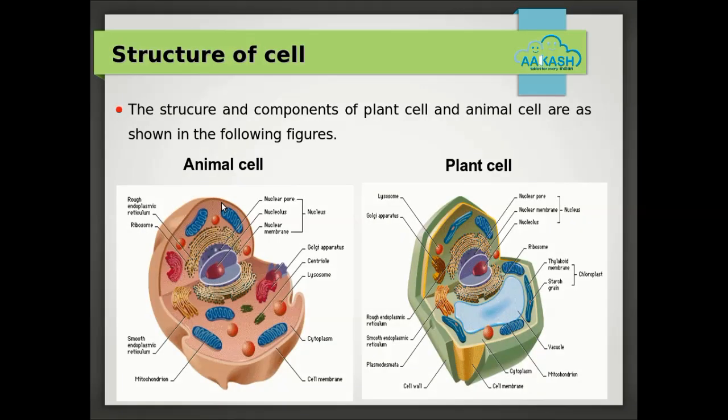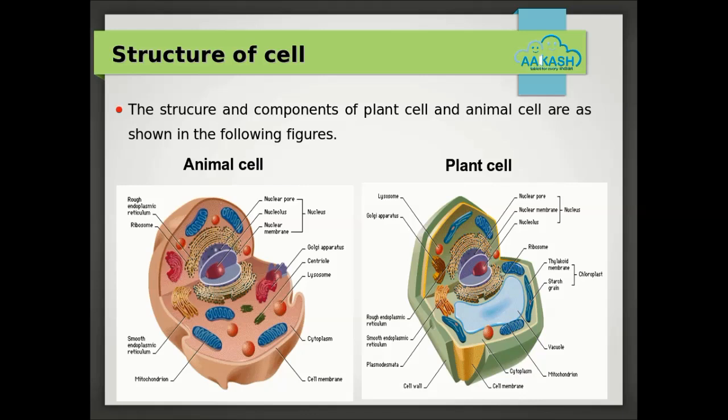The structure of cells. Here we learn about the structure of a eukaryotic cell as found in a typical plant and animal cell. The cell is made up of the following parts. First, cell membrane, which is also called plasma membrane. Second, cell wall, found in only plant cells.